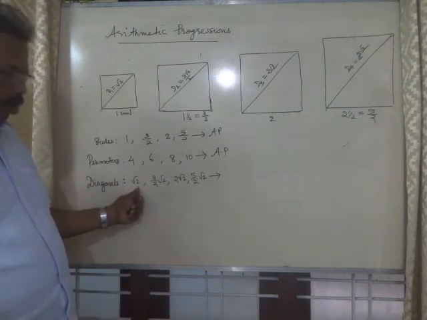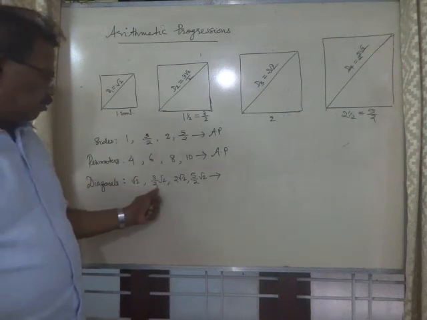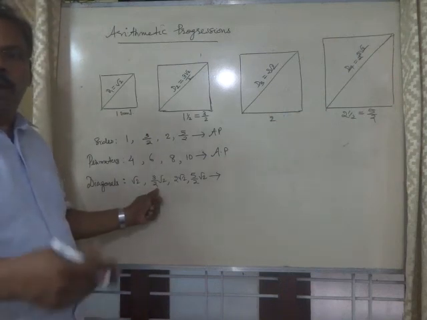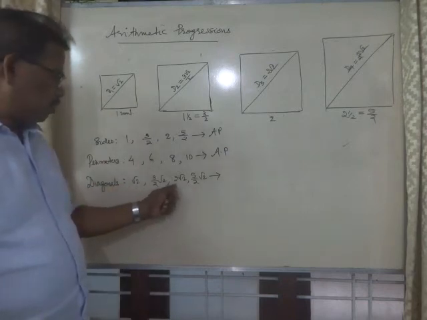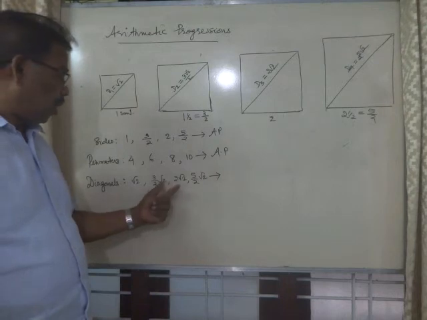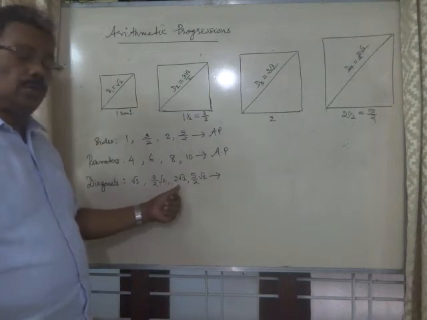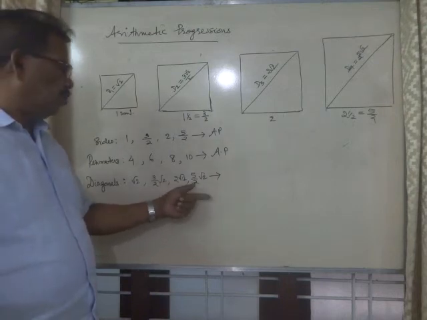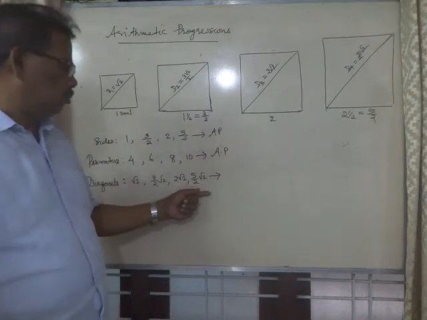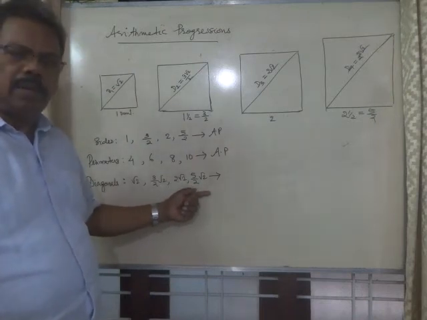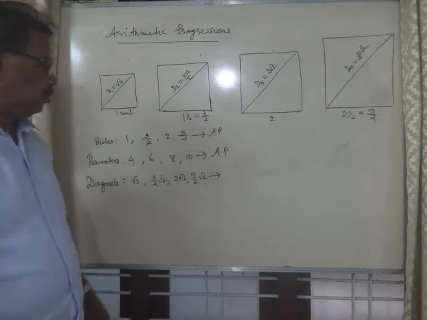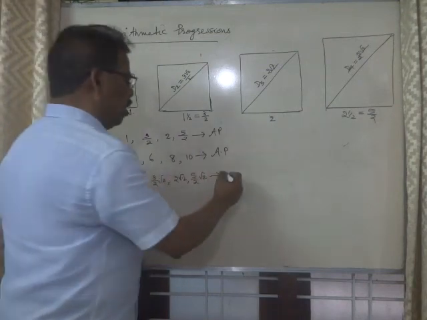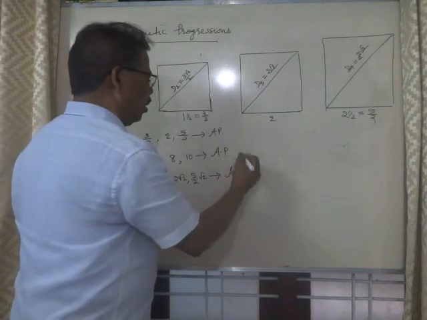Here it is 1 root 2. Here it is 1 and a half root 2. That means half root 2 is added. This is 2 root 2: 1 and a half root 2 plus half root 2 is 2 root 2. 2 root 2 plus half root 2 is 2 and a half root 2. That means these terms differ by half root 2. So this is also an AP.